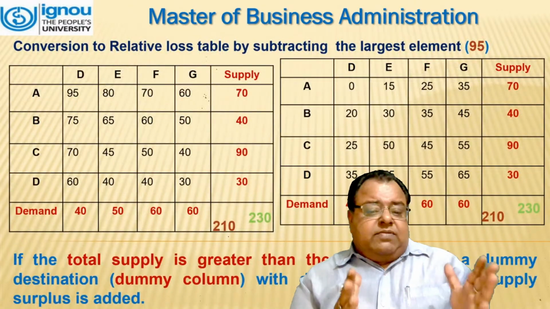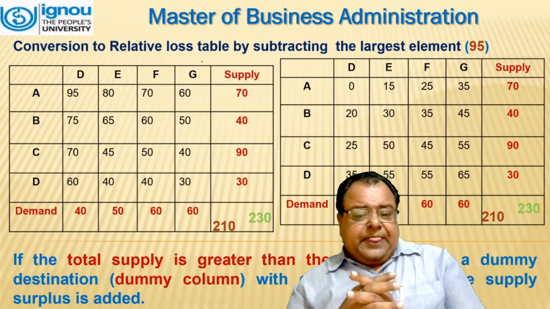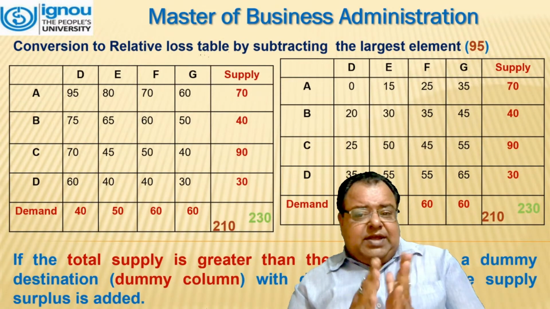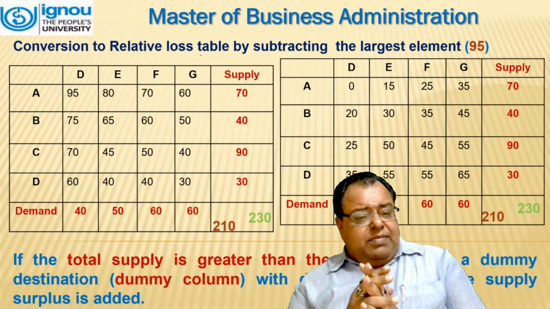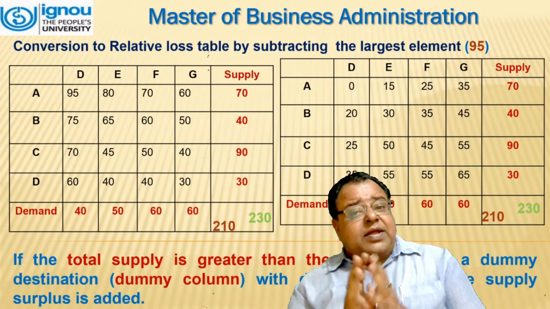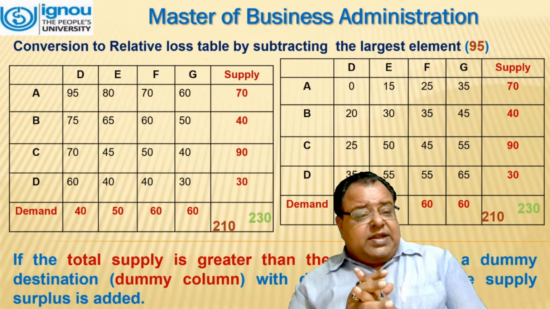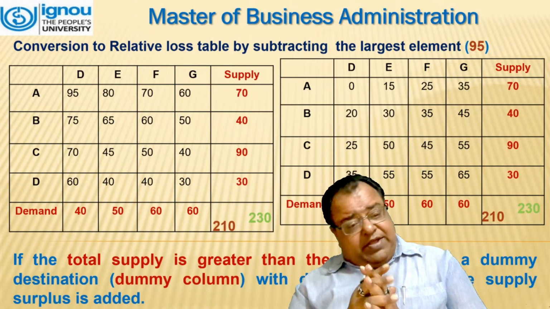We have to maximize it. This was the problem given to us. Now we have to convert this table into a minimization table. Conversion to a relative loss table by subtracting the largest element. Here in this table, the largest element is 95.